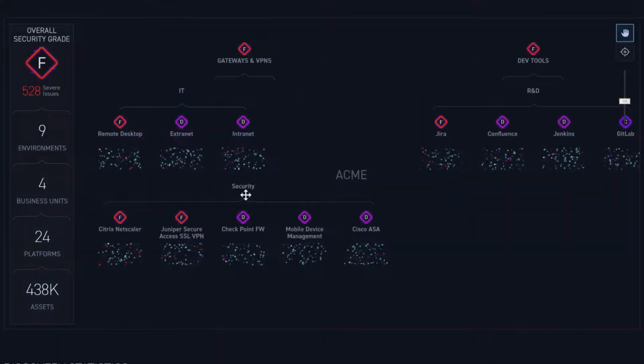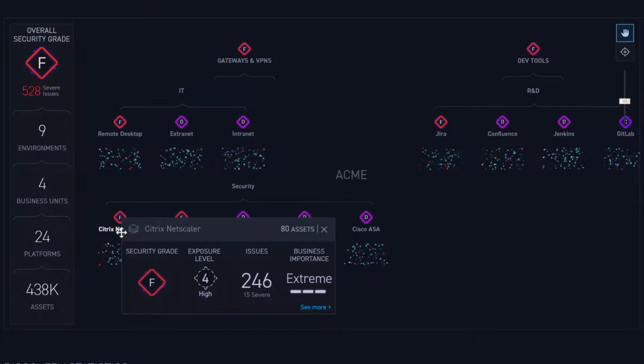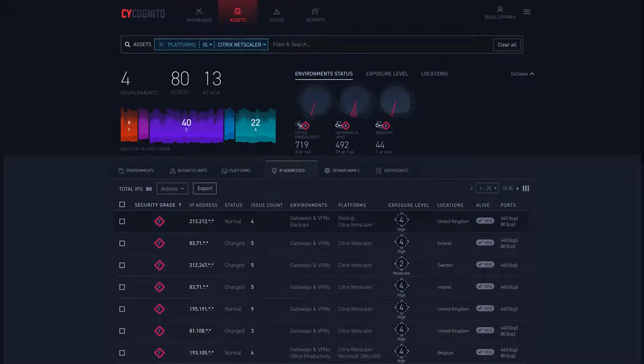Or you can filter the attack data further by clicking directly on the business unit or the platform. Once again, this opens a pop-up that provides you with summary information. And you can drill down further to open a page that contains highly detailed information about the at-risk assets contained in the platform.